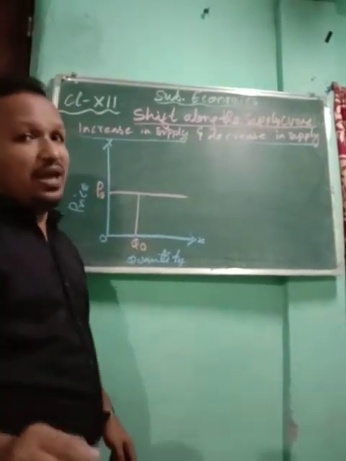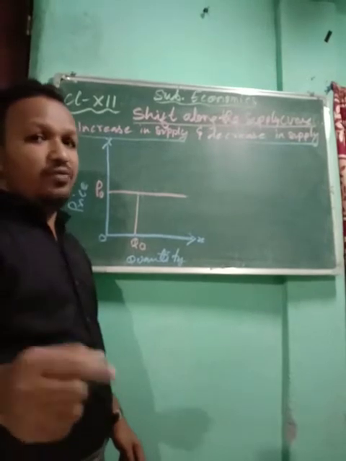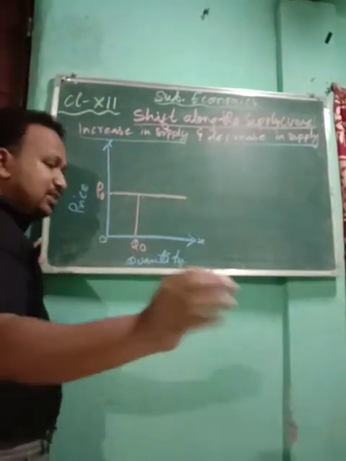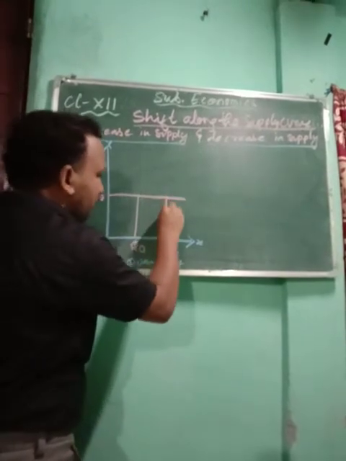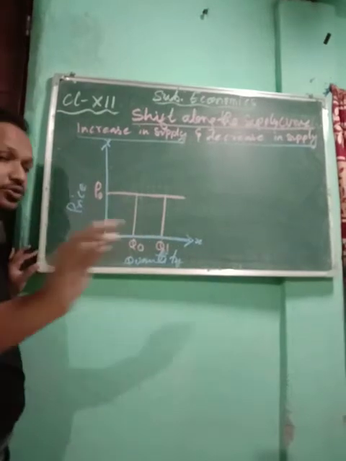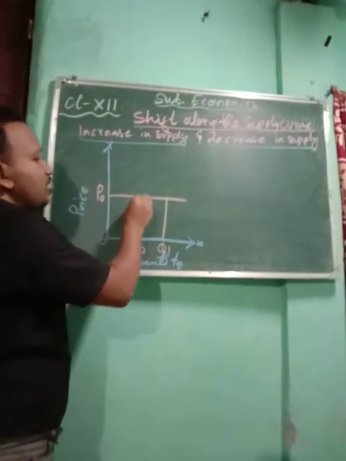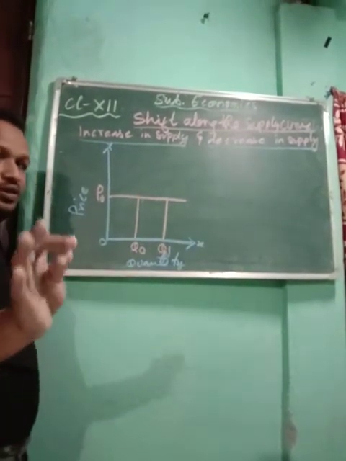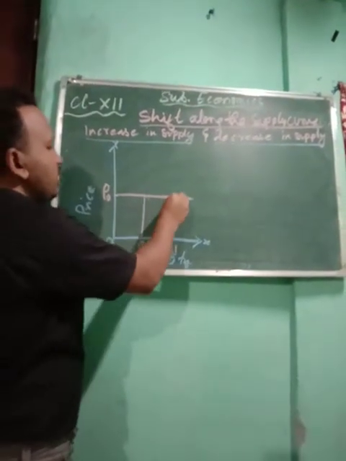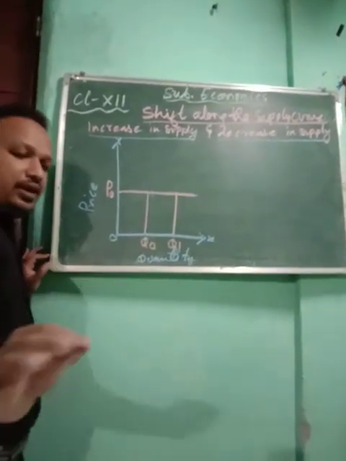When you are getting more profit, you are going to supply more. So price is same, cost of production has reduced, so a supplier will tend to supply more. Due to the reduction in the cost of production inputs, naturally your supply is going to increase.